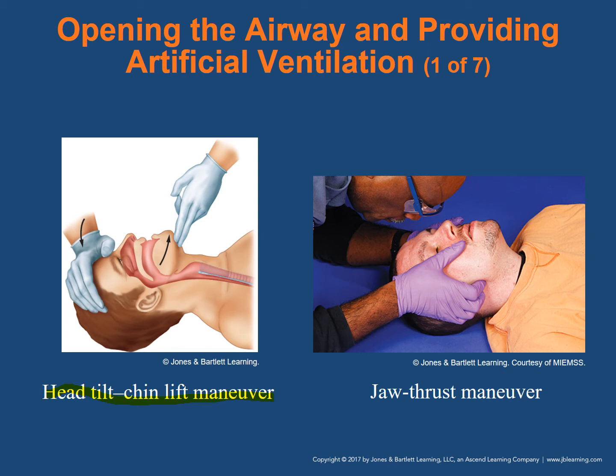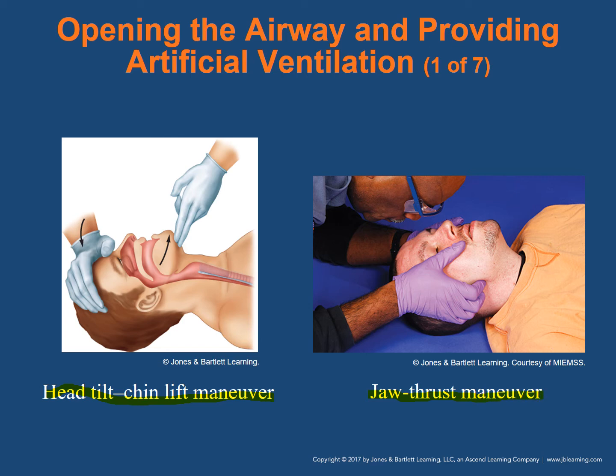So this is what we use to initially open the airway for somebody that has no suspected spinal damage. If you have any suspicion of spinal damage with your patient, then we would use the modified jaw thrust maneuver that you see here on the right-hand side.